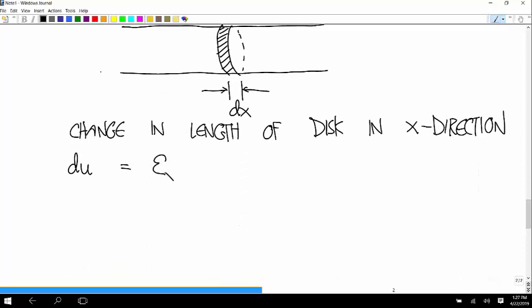So that's equal to epsilon_xx dx, or T over EA dx.